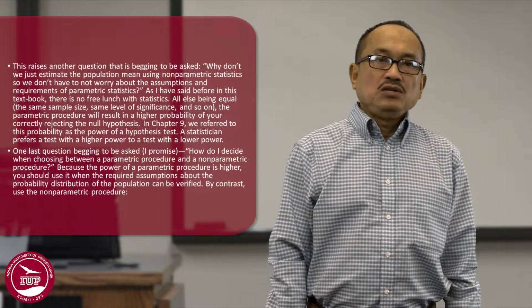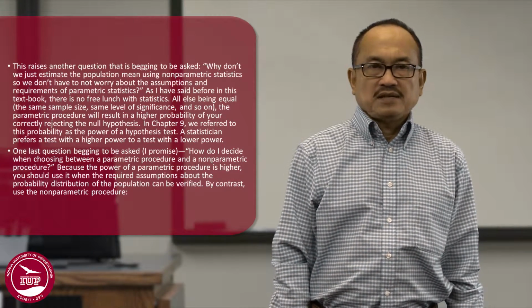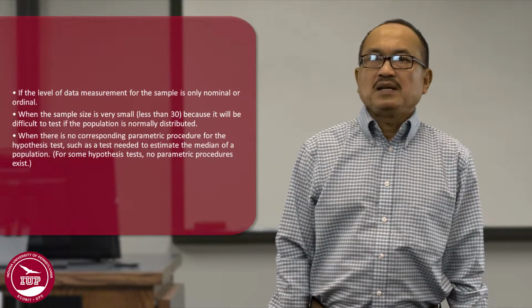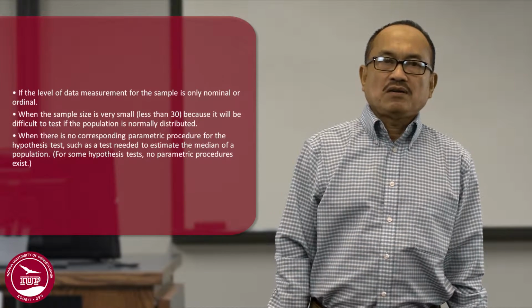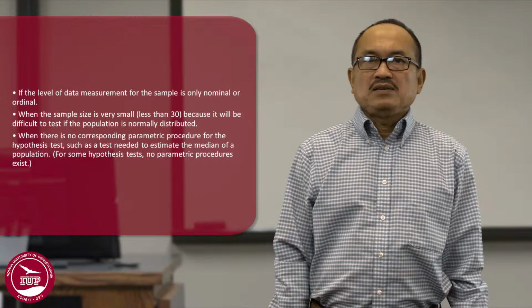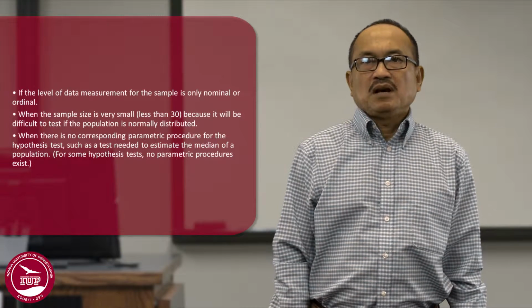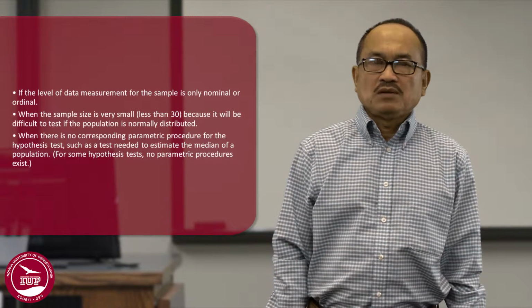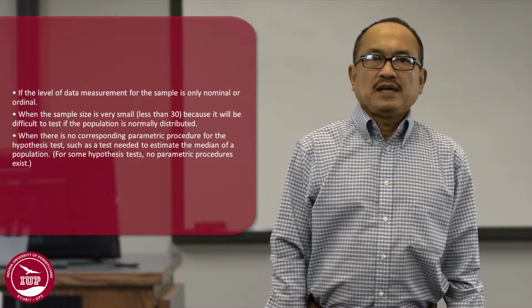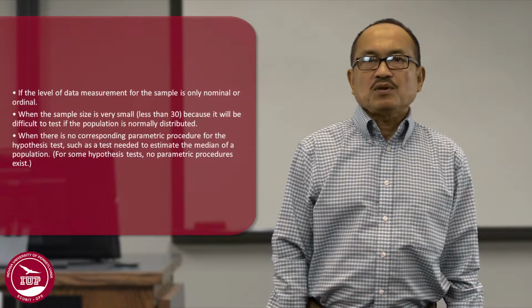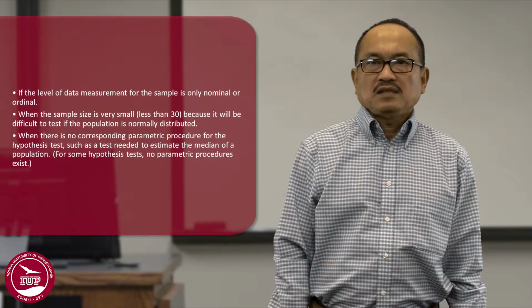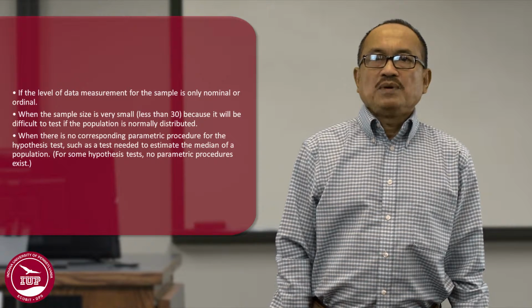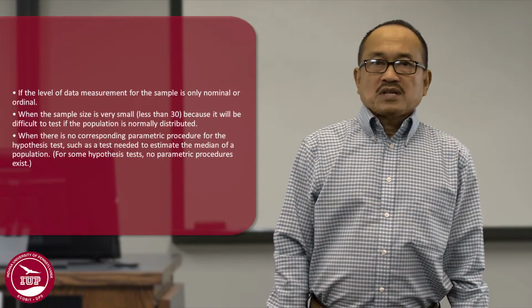By contrast, use the non-parametric procedure if the level of data measurement for the sample is only nominal or ordinal, when the sample size is very small or less than 30, because it will be difficult to test if the population is normally distributed, or when there is no corresponding parametric procedure for the hypothesis test, such as a test needed to estimate the median of a population.